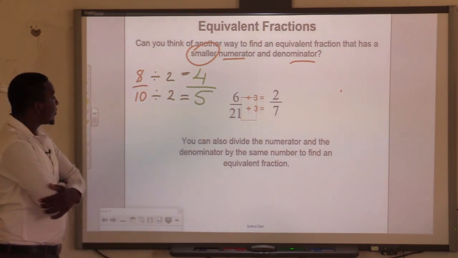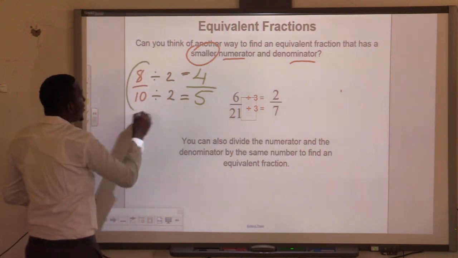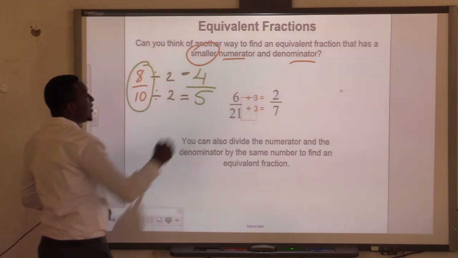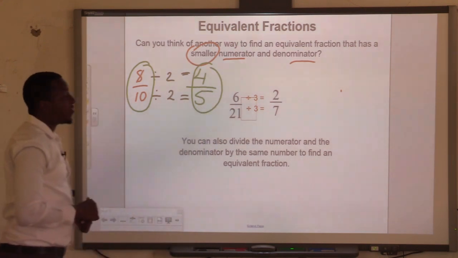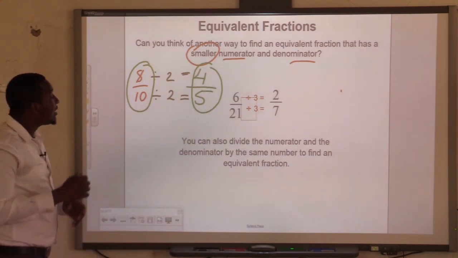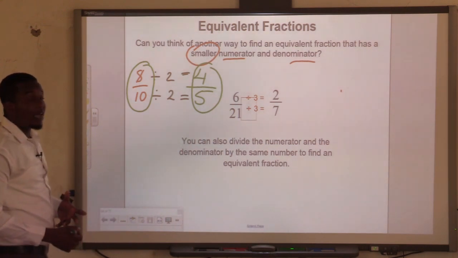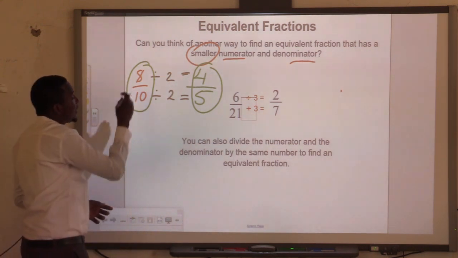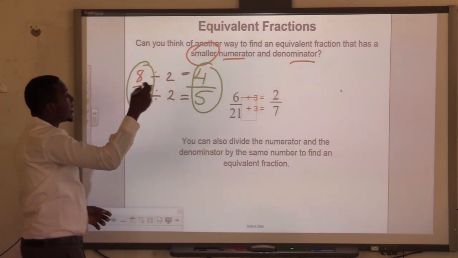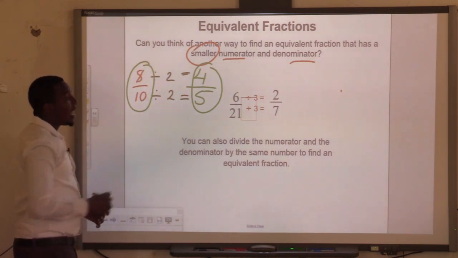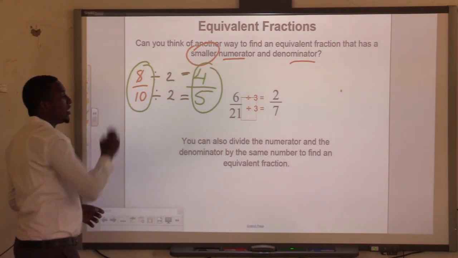What do we realize? 8 all over 10 is equivalent to 4 all over 5. Our intention is to get an equivalent fraction to 8 all over 10, wherein the numerator of that equivalent fraction will be smaller than the numerator that we have, and the denominator is also going to be smaller than the denominator that we have.